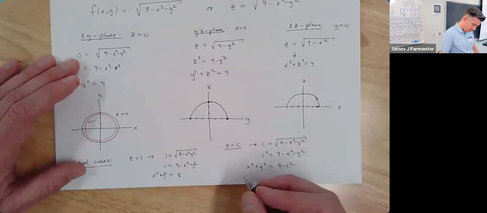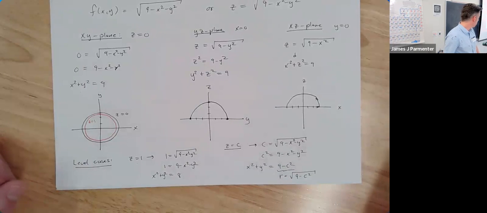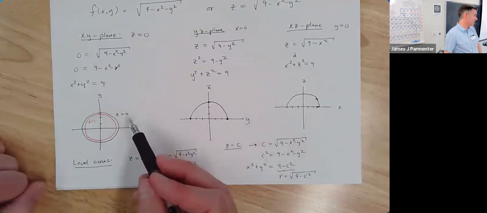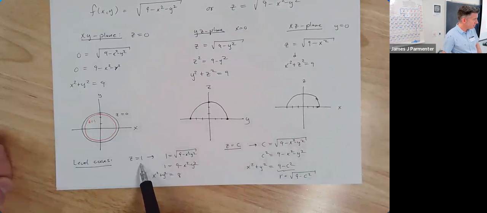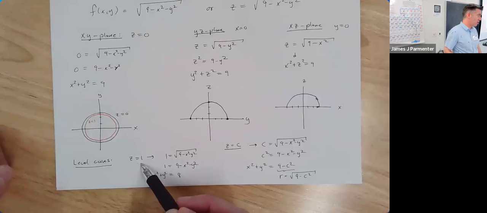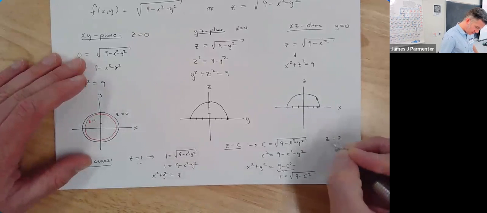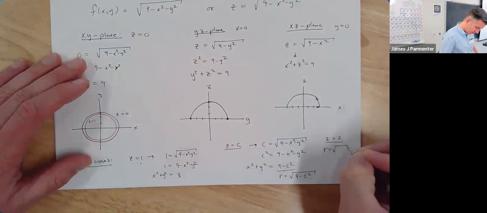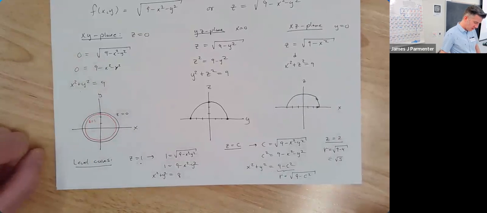So this is a circle, and the radius is the square root of 9 minus c squared. When c was 0, the radius was the square root of 9 minus 0, which is 3. When c was 1, the radius was the square root of 9 minus 1, which is the square root of 8. And when c is equal to 2, the radius is going to be the square root of 9 minus 2 squared, which is the square root of 5, which is a little bigger than 2.